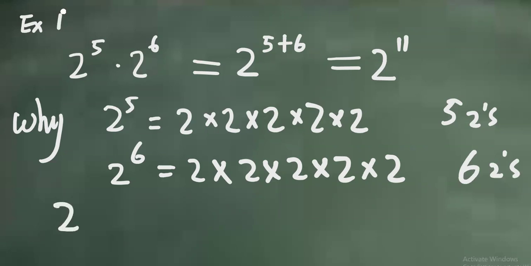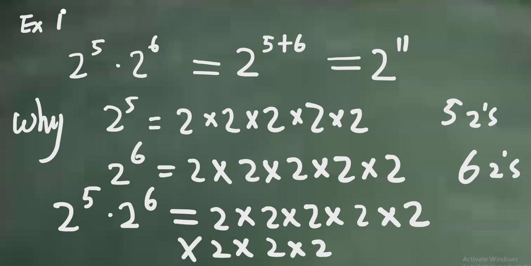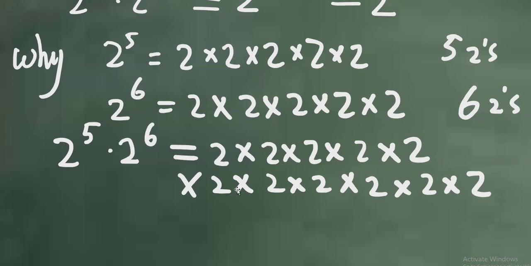So 2 to the 5th power times 2 to the 6th power equals 2 times 2 times 2 times 2 times 2, which means 5 twos, times 2 times 2 times 2 times 2 times 2 times 2, which means 6 twos. So in total, it's 11 twos multiplied together, right? So it equals 2 to the 11th power.